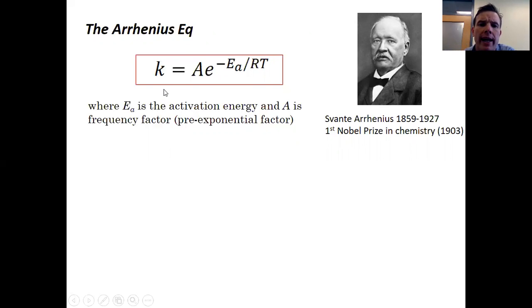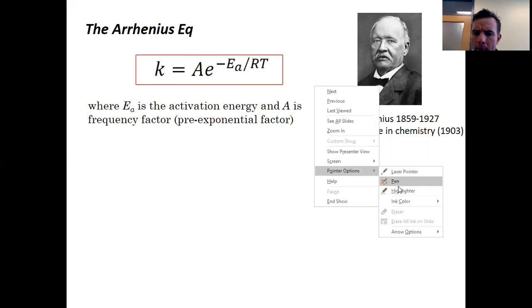What it says is that k is equal to A times the exponent of negative Ea over RT. A here is called a pre-exponential factor. Ea is the activation energy. And the way that we usually think about this is as follows.